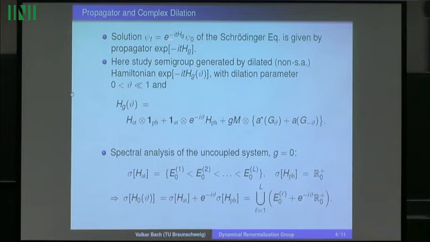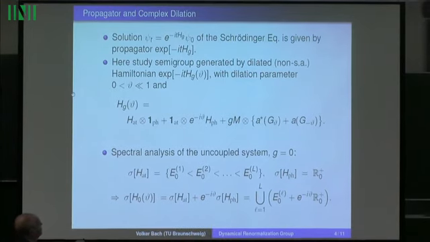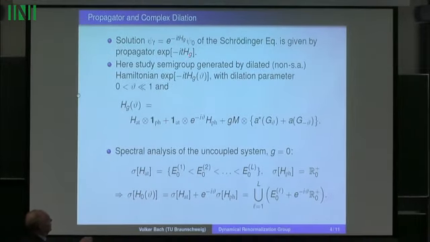And here I want, however, to switch to a dilated Hamiltonian. So I do not study the unitary group generated by the self-adjoint operator H_g, but rather I study the semigroup generated by a dilated Hamiltonian H_g of theta.